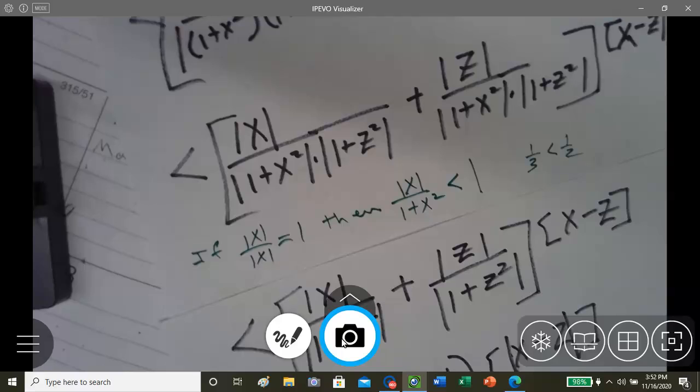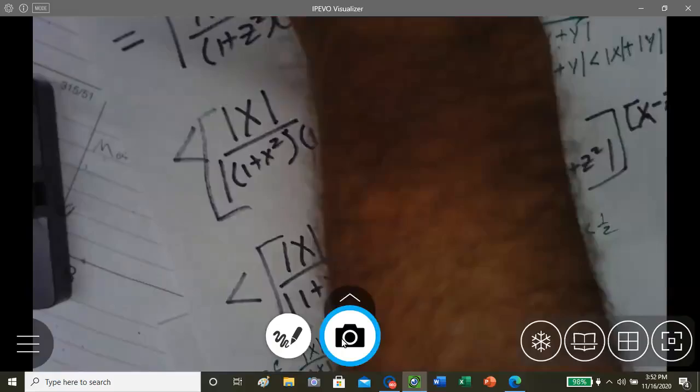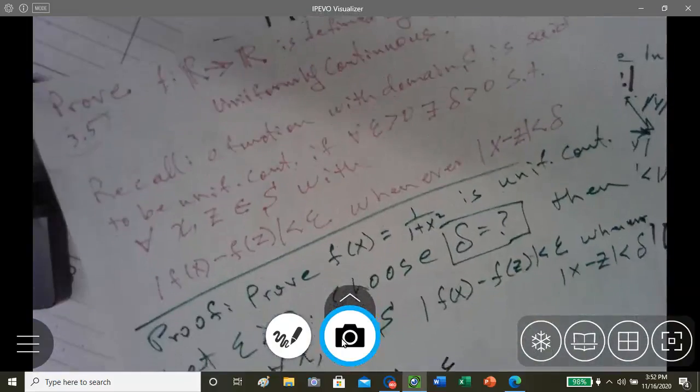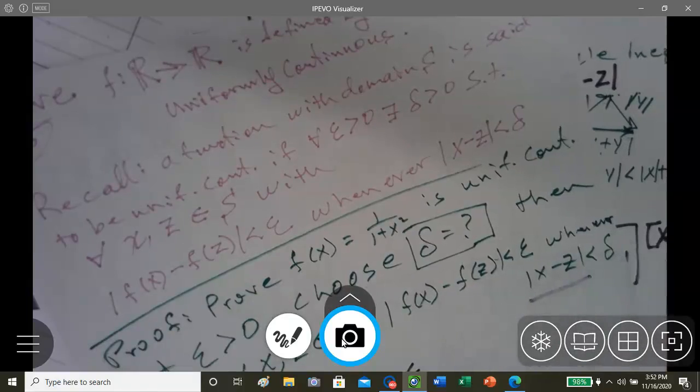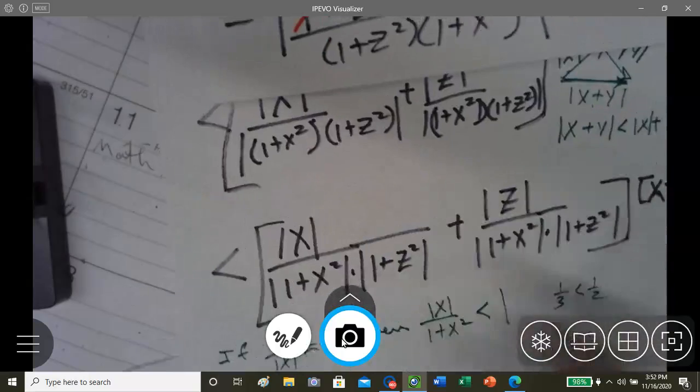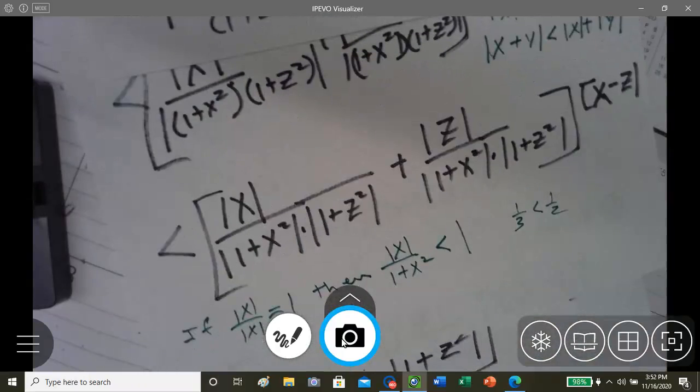So from there, 1 plus 1 is 2 times the absolute value of x minus z. And since we said early on that x minus z is less than delta, this expression is less than 2 times delta.